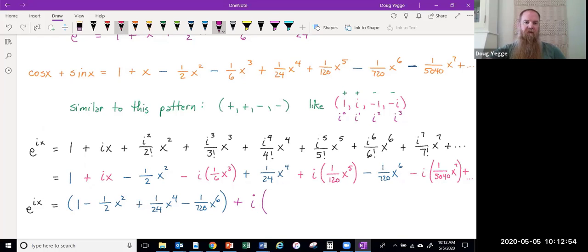And now write the pink terms. The pink terms are going to be x minus 1/6 x to the 3rd plus 1/120 x to the 5th minus 1 over 5040 x to the 7th.